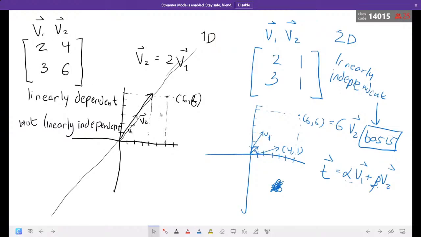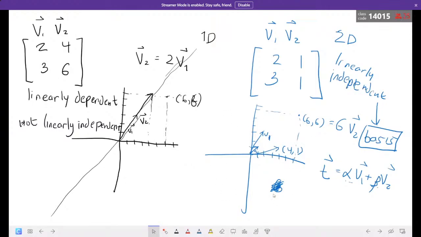There's no way to represent any vector out of this line for the black case. And as for the blue one, we learned that these two vectors help us reach any point in this Cartesian system, in this coordinate system, in this vector space.